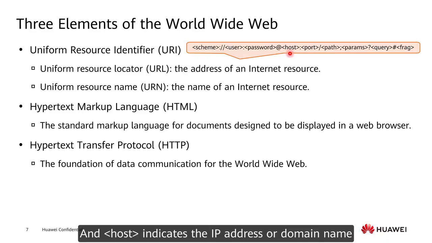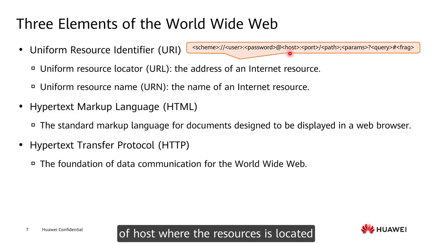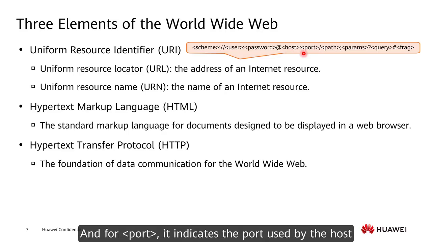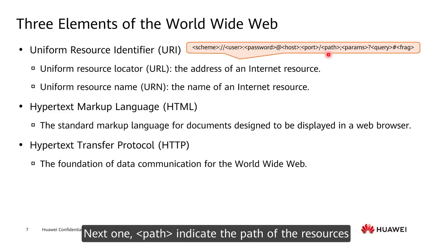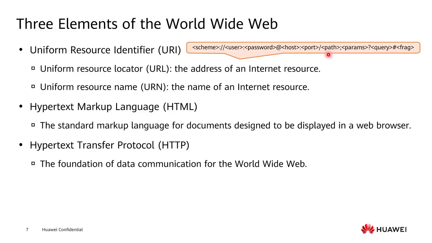The host indicates the IP address or domain name of the host where the resources are located. And the port indicates the port used by the host to provide the resources. Next one, path, indicates the path of the resources.